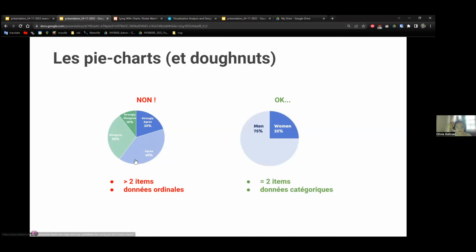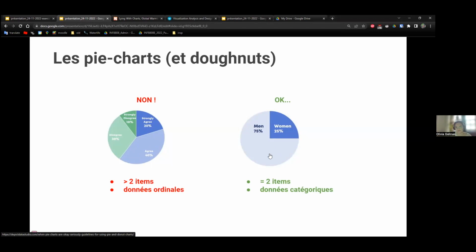Here, it's not too bad with the categories that we've presented, but it could become more difficult to interpret, especially the more categories that we start adding. So generally speaking, a good rule of thumb would be to limit the use of the pie chart to when we have two categories to show.